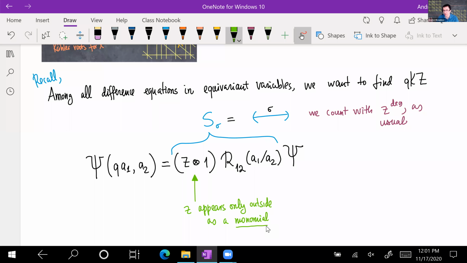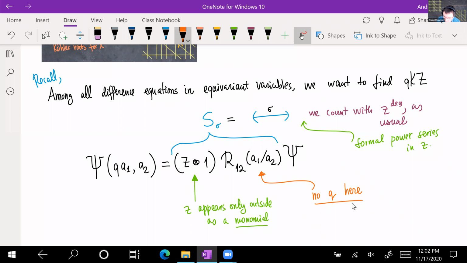In principle, this object is a formal power series in z, and that formal power series in z is in fact not even a polynomial, it's a monomial, in some sense. Okay, we'll deal with that. Interesting. We know that there is no z in this, but maybe more importantly, there is no q in this. There's no q anywhere.